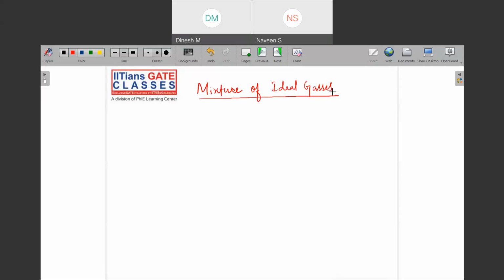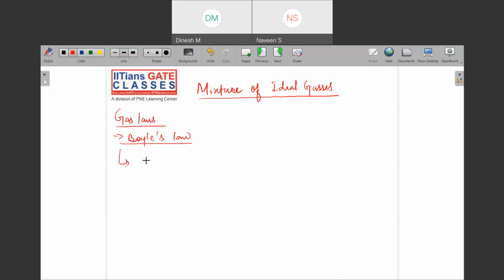So in short, I will be writing what that particular gas law is. One law we must have heard of is Boyle's law. Before moving to the mixture, let us understand some gas laws. Okay, so the first gas law is Boyle's law. I'm just writing in the symbolic form.